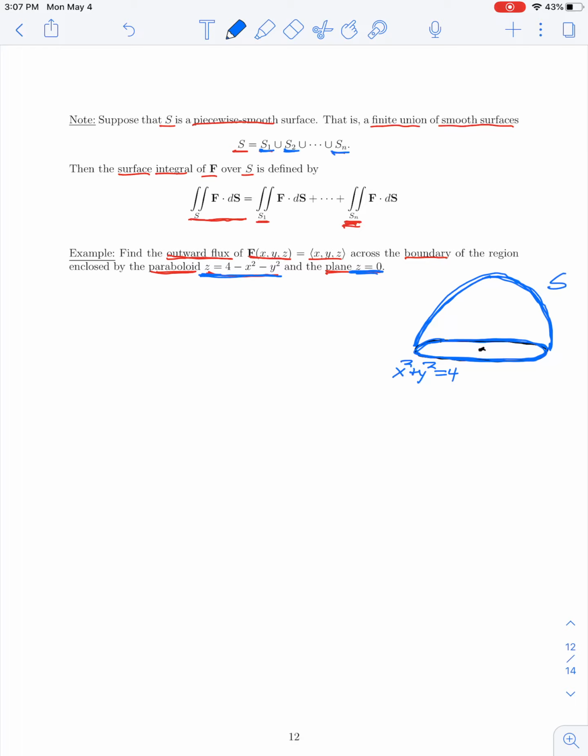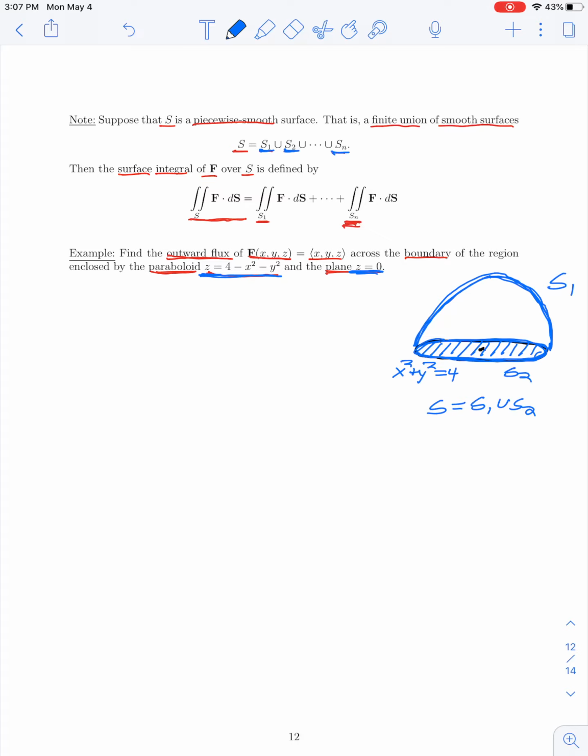So our surface S here can be thought of as the union of two smooth surfaces, let's say S1 and S2, where S1, let's call the upper half of this paraboloid above the xy plane, and S2 will denote this disc-shaped region, which is the bottom of our solid.